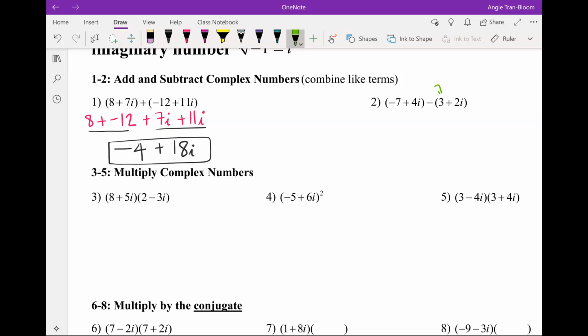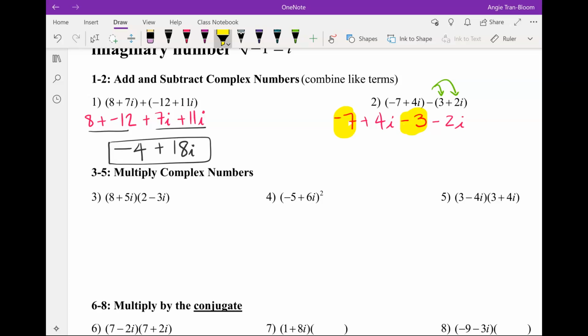Okay, so when you rewrite this out, y'all, make sure you guys are very cautious. I'm going to write negative 7 plus 4i first. Minus what? Minus 3, and then what else? Minus 2i.